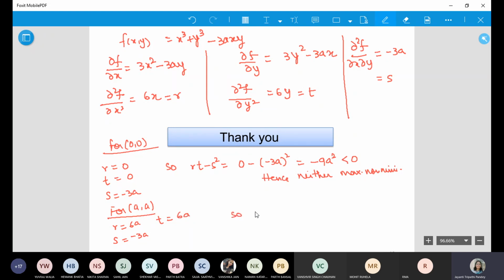So RT minus S square is 36a square, 6 into 6 minus 9a square. This is greater than 0 and R is greater than 0, hence minima. Now it is fine. No shortcut needed. Yes, ma'am. Completed? Yes, ma'am. One more question.